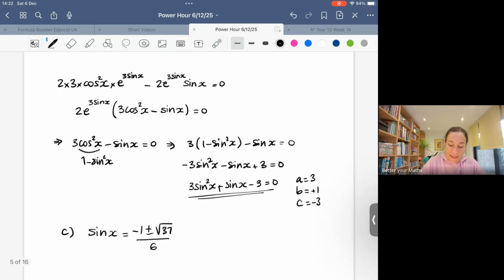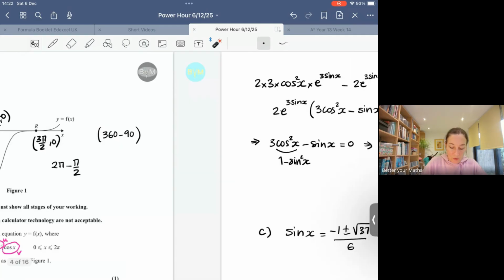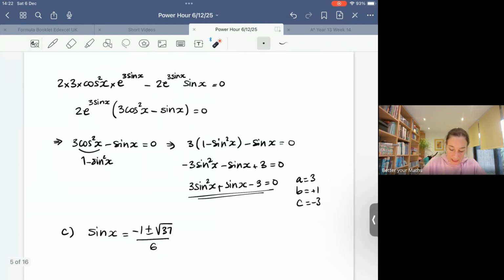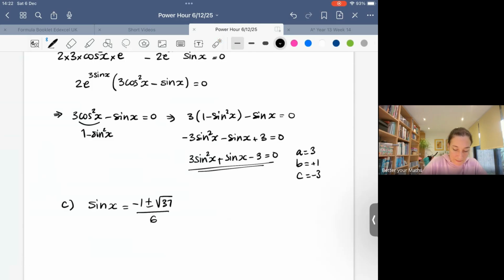Yeah. The first solution is with the minus, and that would correspond to point P, right? The next solution is going to be the one with the plus. So that's the one we're going to get. So sine x is minus 1 plus root 37 divided by 6. We do sine minus 1 of that. In radians, so calculator in radians.